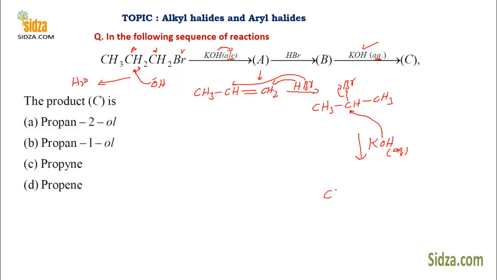And then what you get? You get CH3 CHOH CH3. The Br is replaced now and you get this one. So the product here is propan-2-ol, right? It is propan-2-ol. So the option A is here.